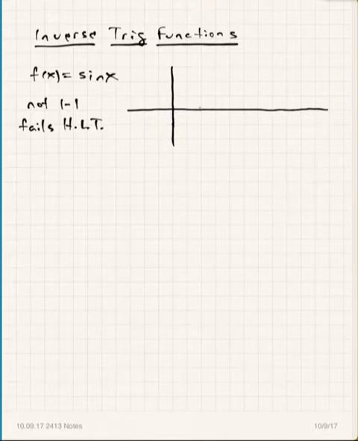So let's see, if we scale off like this: pi over 2, pi, 3 pi over 2, 2 pi, 5 pi over 2, and then over here we have negative pi over 2, and so on for our sine graph. This is definitely not to scale, just so you know.